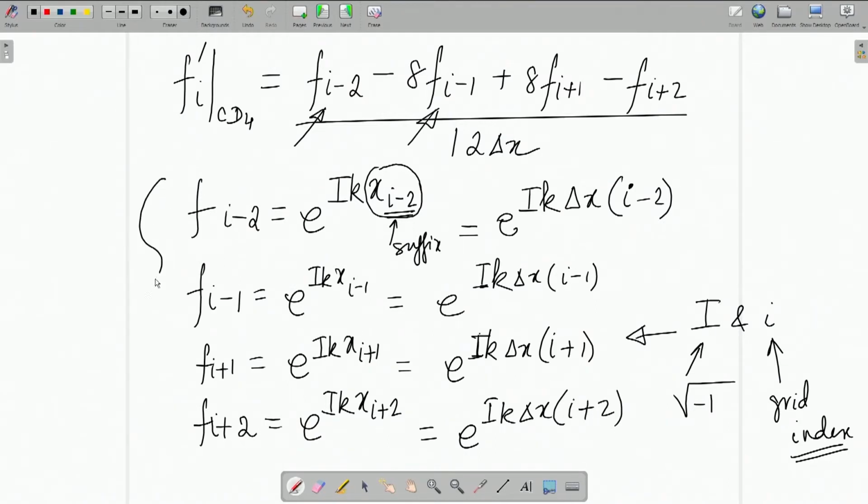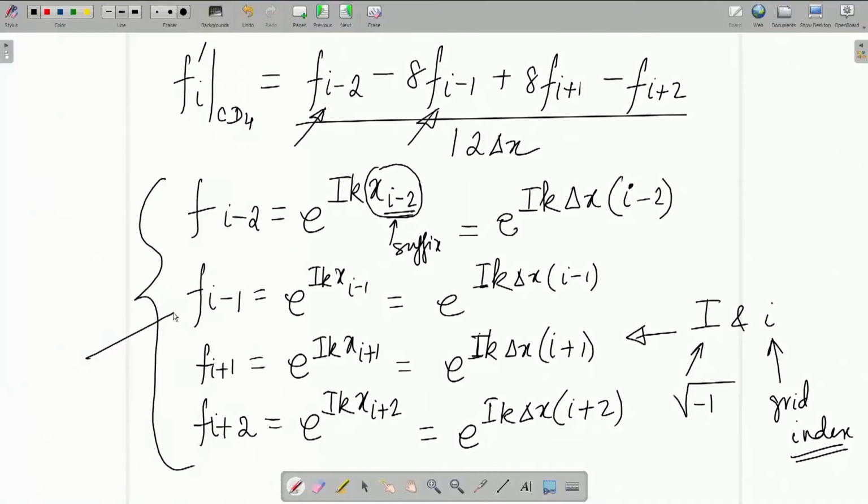Now we are ready with all the expressions for the functional values on the grid. So, we have a discrete domain, we need the functional values at the discrete grid points, and we have them all.